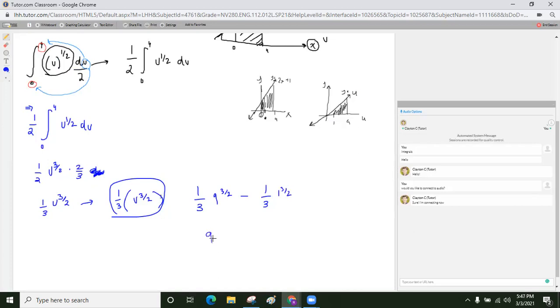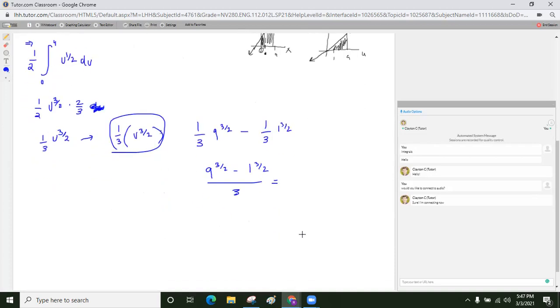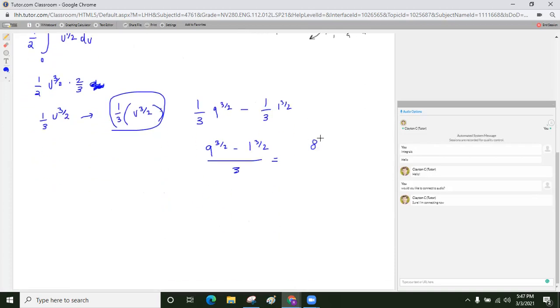Which I guess is just 9^(3/2) minus 1. Could that be sort of a final? So unfortunately, with exponents, when the base is different, we can't combine over addition or subtraction.